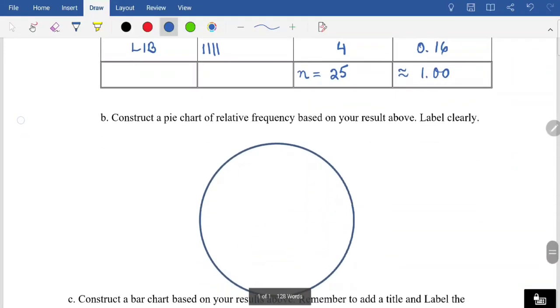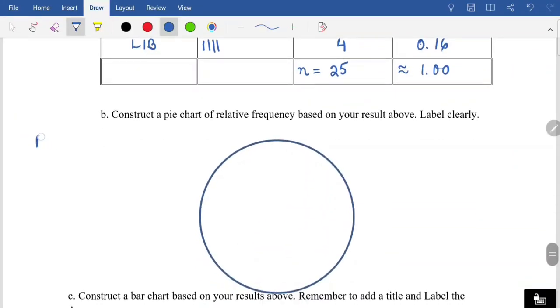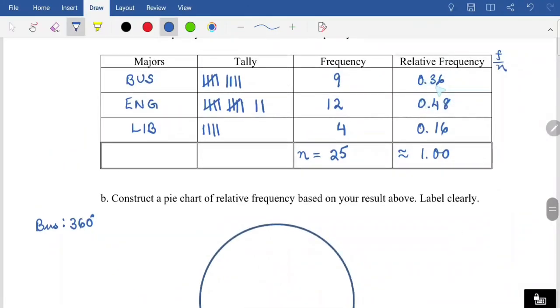So we have to see what angle we should carve out for business majors. The total angle in a circle is 360 degrees. So it's going to be 360 degrees times the relative frequency or proportion for business, 0.36, which is equal to 129.6 degrees.